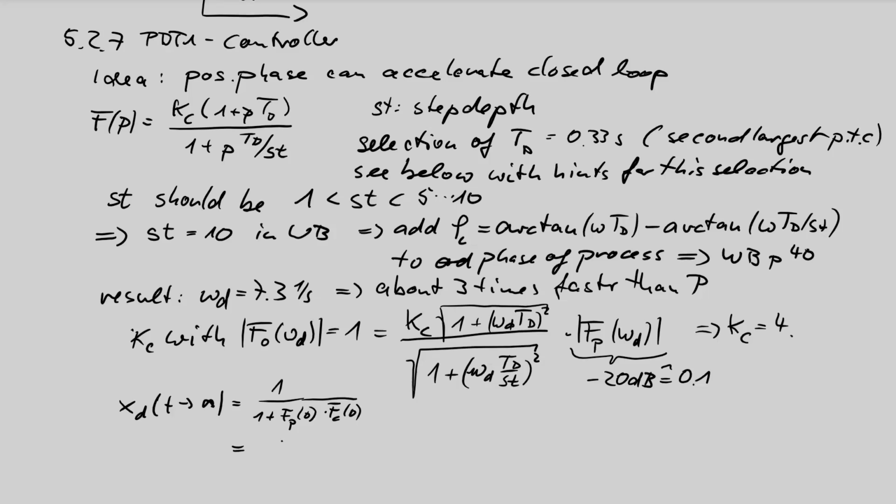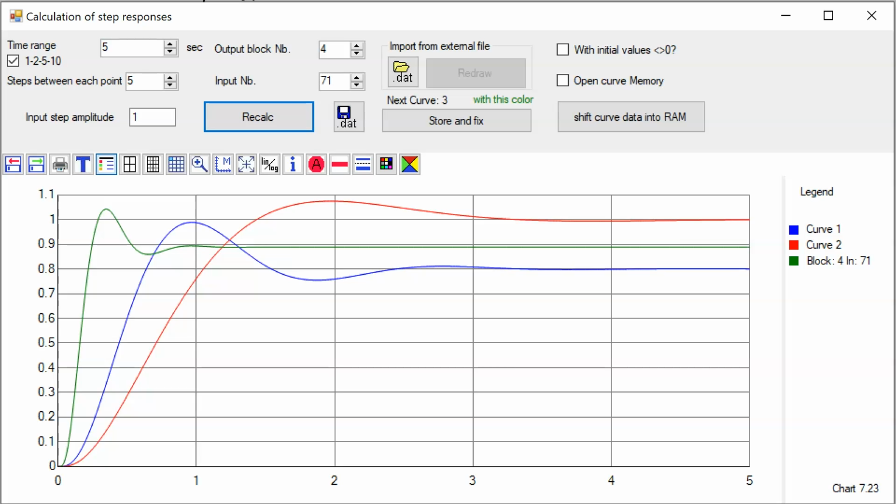And if we fill in our numbers, we get 1 plus process DC gain 2 and controller DC gain, what you see here, 4. So we have 1 divided by 9, equivalent to 11%. And in my simulation, this is 11% different from 1. We get here 0.89.